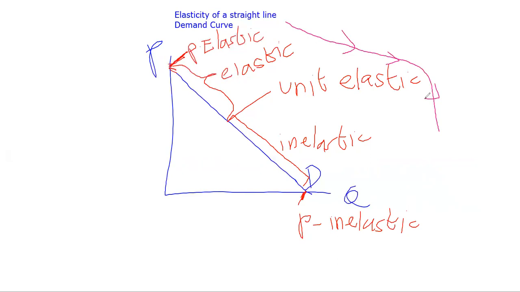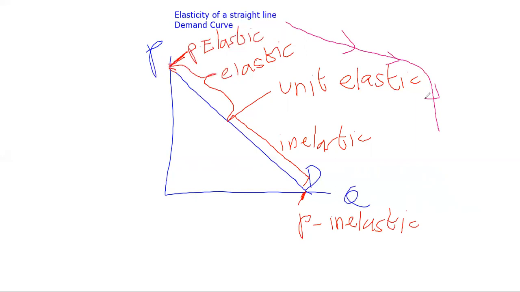Elasticity value completely changes from infinity to 0. Why does that happen? You don't really need to know, but if you look at the formula, right at the start, when quantity is going from 0 to 1, 0 to 2, there are infinitely large percentage changes. Percentage wise, very large changes come in.